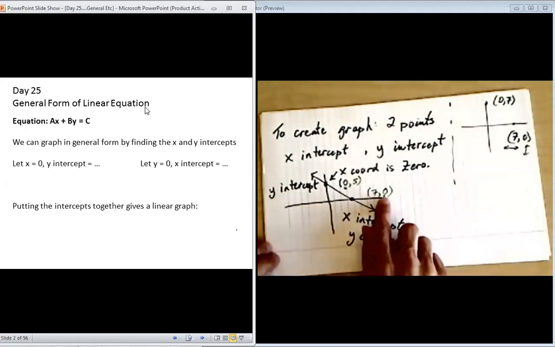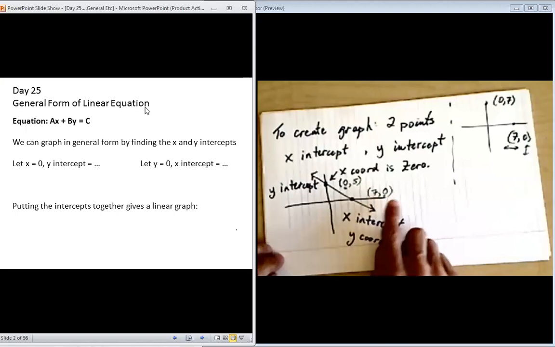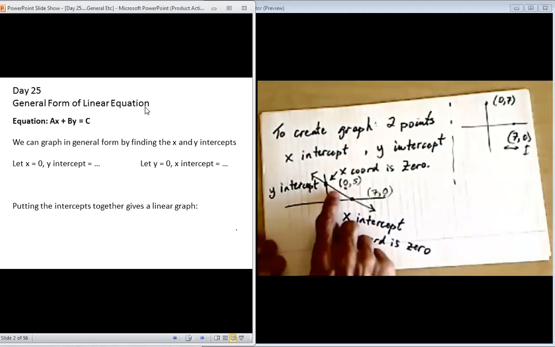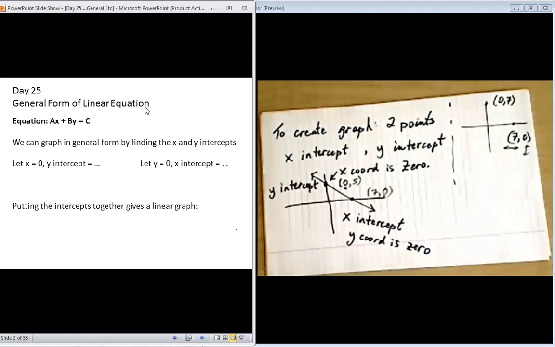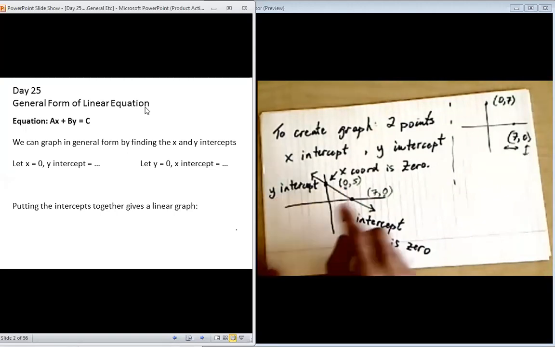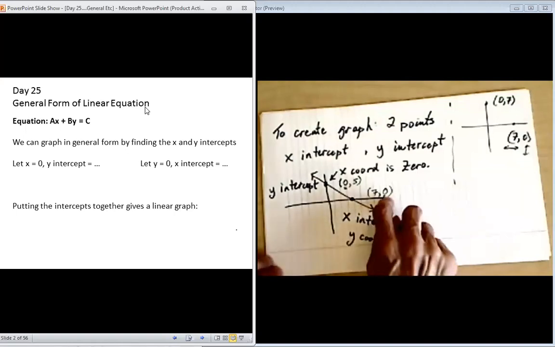So that means the y coordinate will be 0 always. The intercept is the location, yeah, good question, where the line crosses the axis. The location of crossing, if you like. That's what the intercept is. So it can happen on the y-axis, so it gets the name y-intercept and it has a 0 for x. Or it can intercept the x-axis, and so it'll have a 0 for y down there.